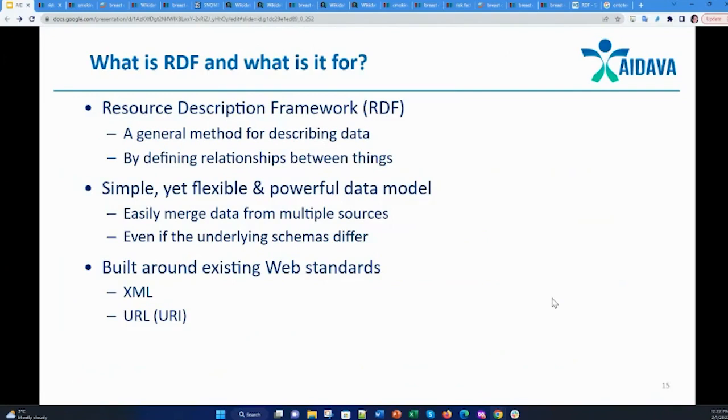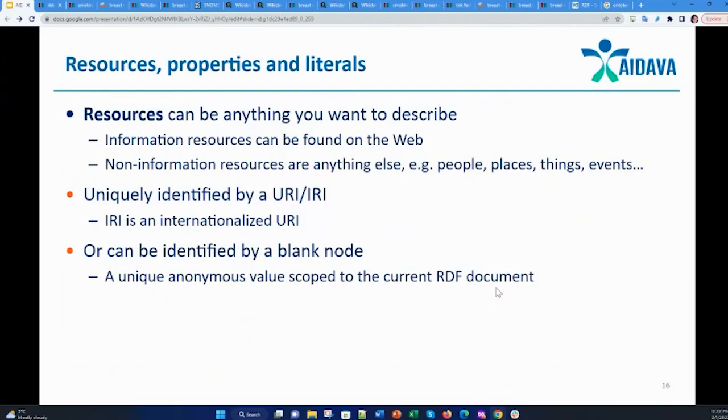And this RDF representation is built around existing web standards like XML and URL. And we have 2 types of information that we can present.